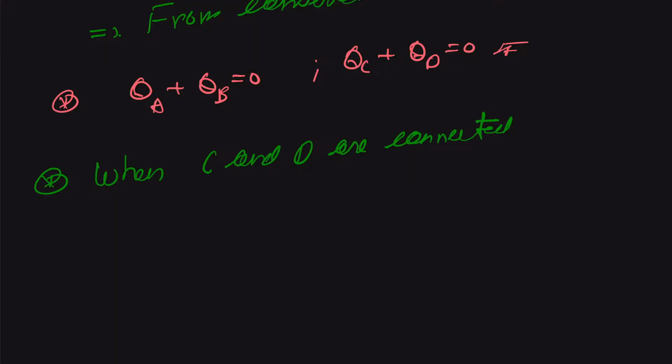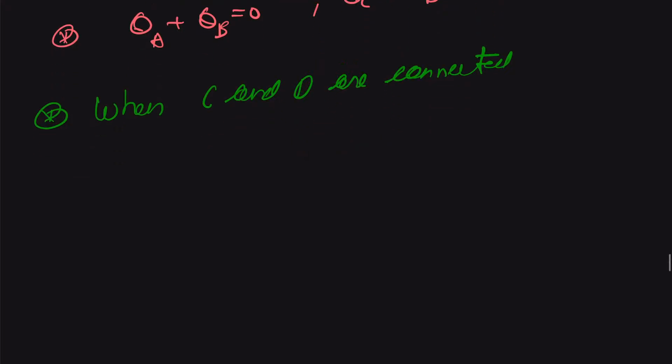So when C and D are connected, only one thing is going to change: the potential at C will be equal to the potential at D. Okay.